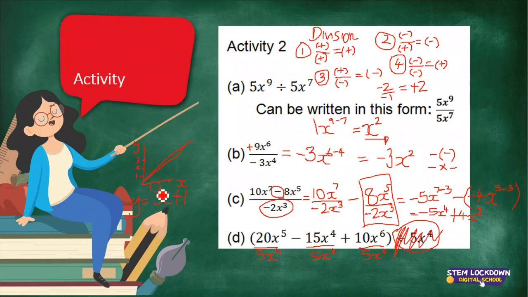Okay, let me rephrase my question. If x is 1, what is y, right? So in this case, it will be 1 plus 1. The answer will be 2, right? So the 1 and the 2 go together, right? If x is 2, what is y? So it will be 2 plus 1, which is 3, right?